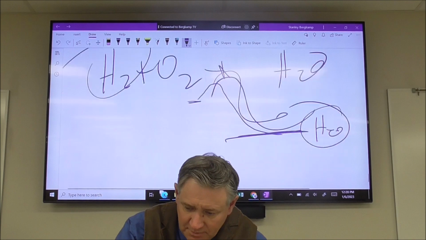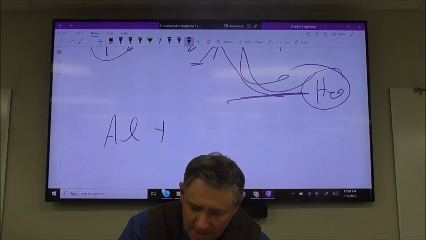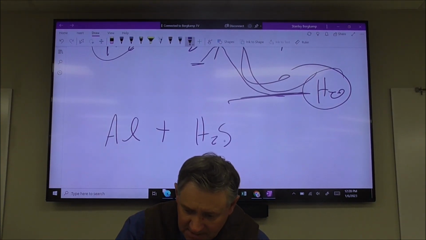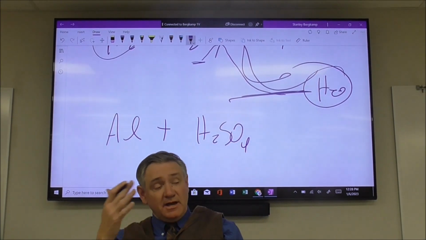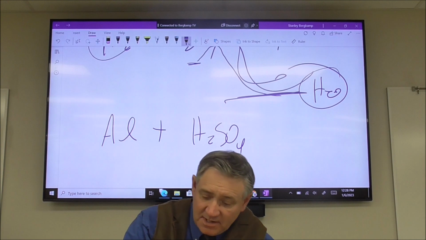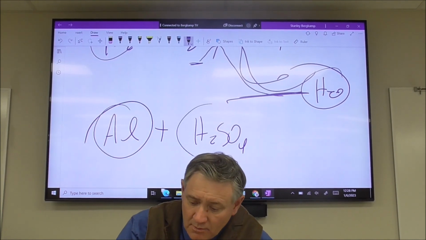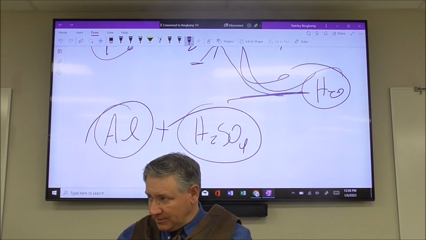For example, look at the one where you have aluminum and sulfuric acid. You can always recognize single displacement reactions, also known as redox reactions, because you have a single element reacting with a compound.